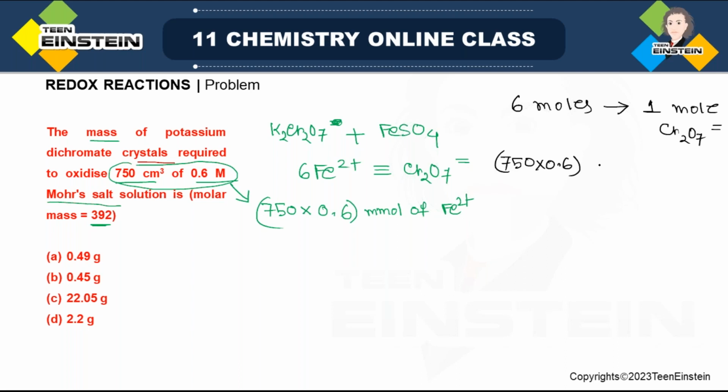You can also write 6 millimoles. So the number of millimoles of Cr2O7 will be 1/6 of 750 into 0.6.